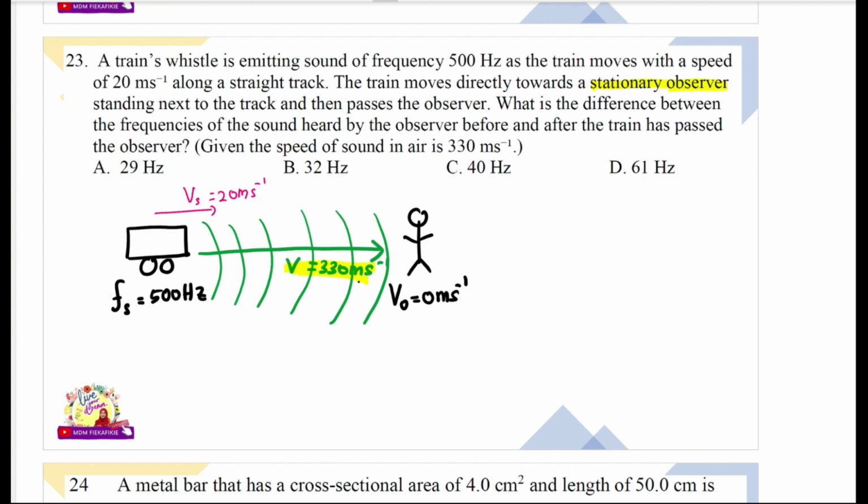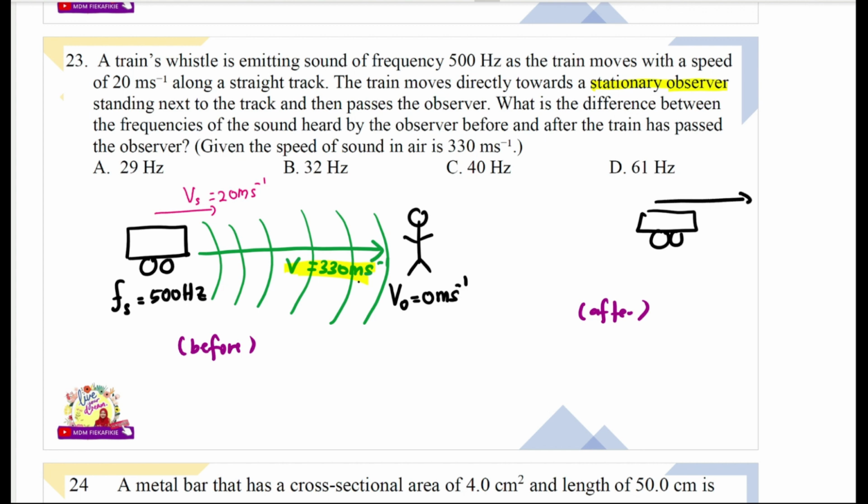Okay? So now, kita nak kira apa? What is the difference between the frequencies of the sound heard by the observer before and after the train has passed the observer? So this one before. Dia menghampiri observer. Kat sini after. Okay, so after means that the train is moving away from the observer.